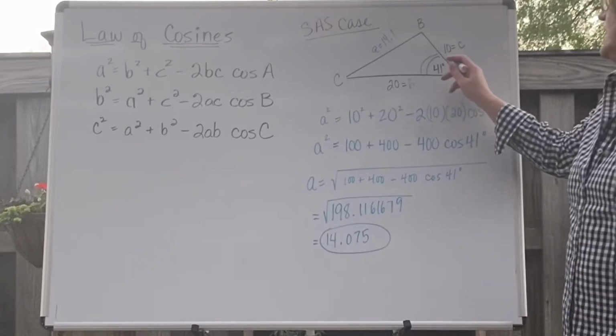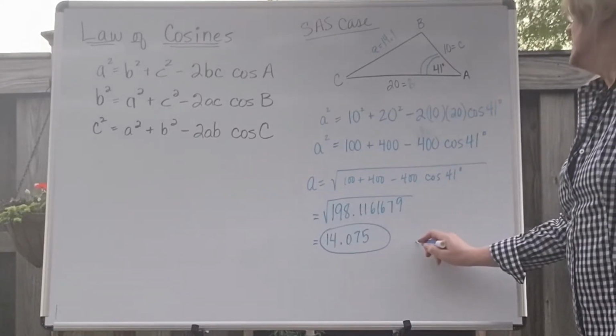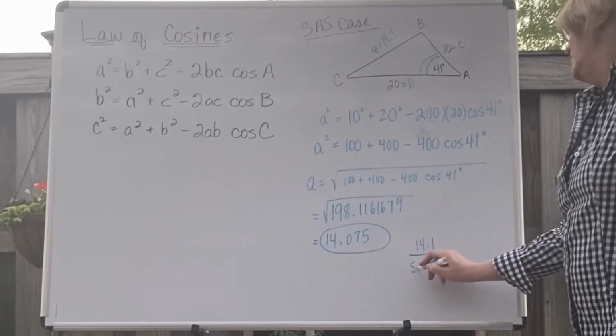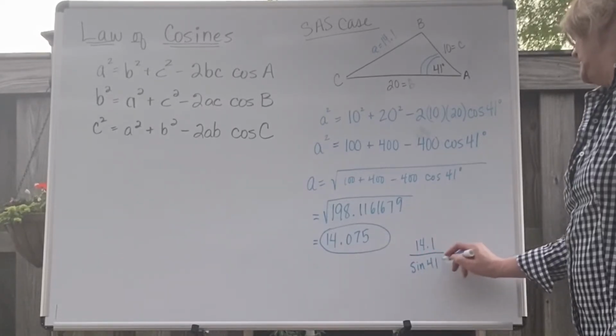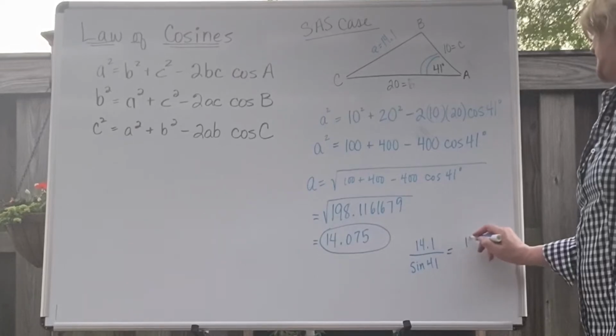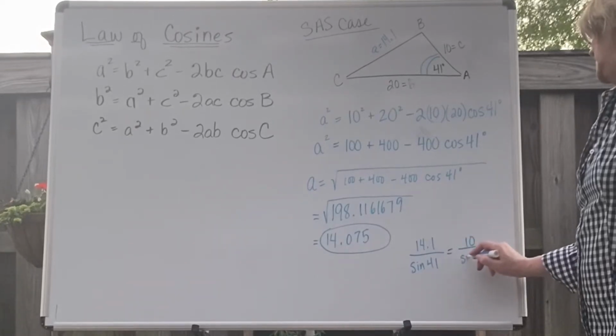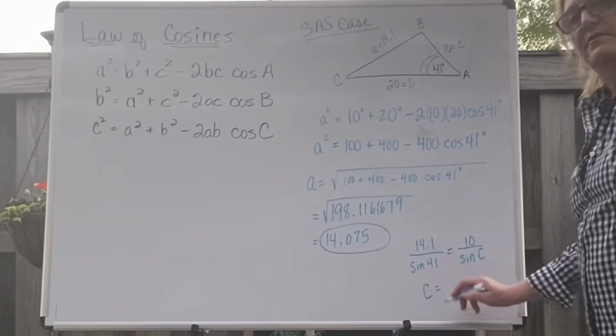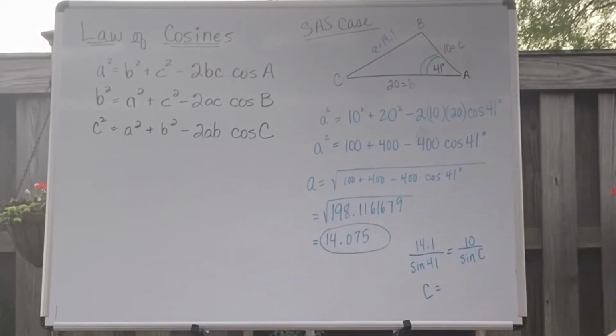So if I said, for instance, that 14.1 over sine 41 is equal to 10 over sine C, I could find angle C now. And if I needed to find angle C, I would find out that angle C is 27.78.